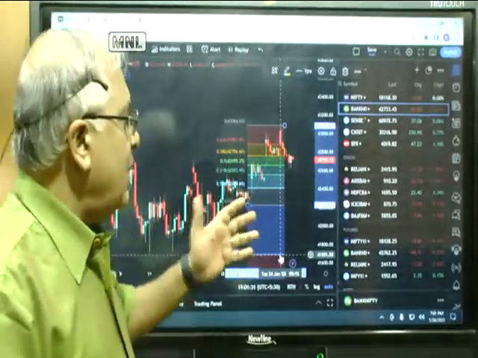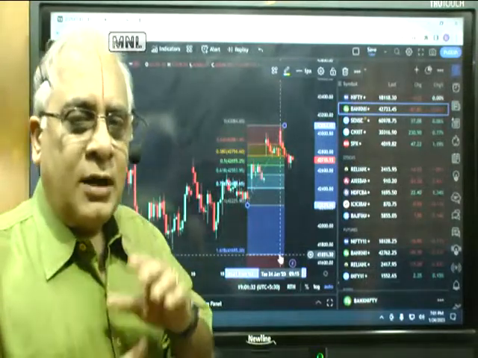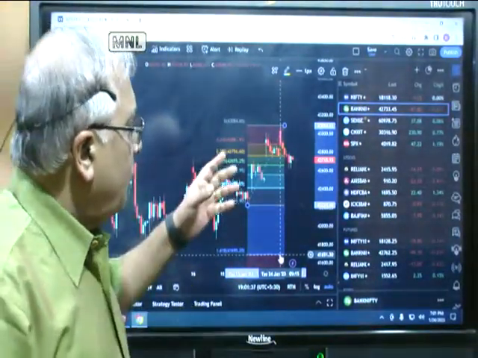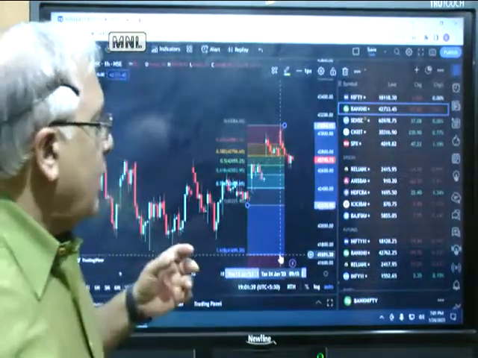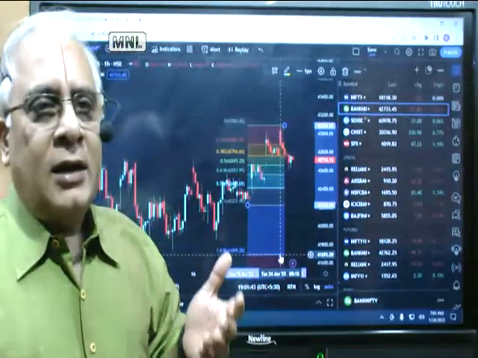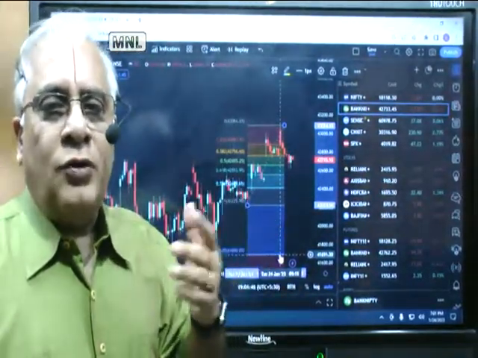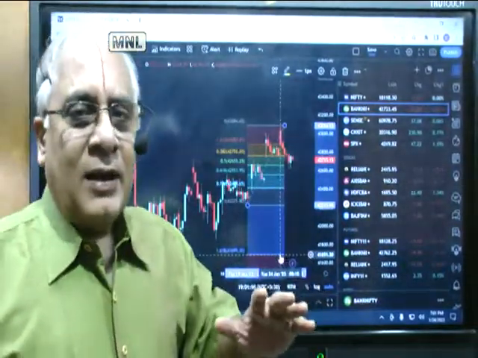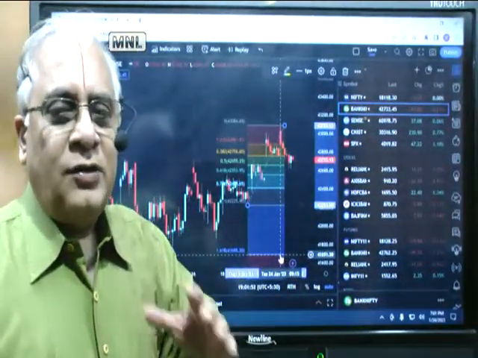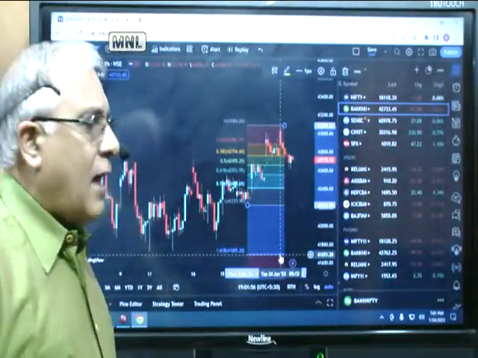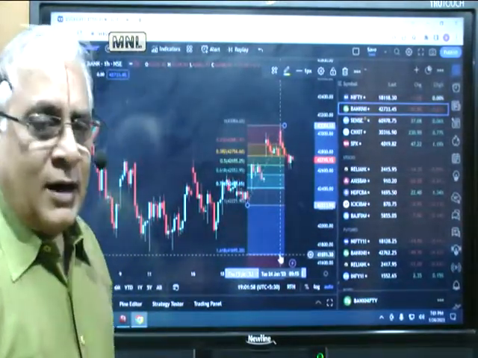We just used only Fibonacci to determine where the resistance came. Earlier we said buy above 42,520 and take profit closer to 42,900. That has clearly happened in Bank Nifty in the last 2-3 sessions. That is over. So now let's look at what's going to happen in the coming days.